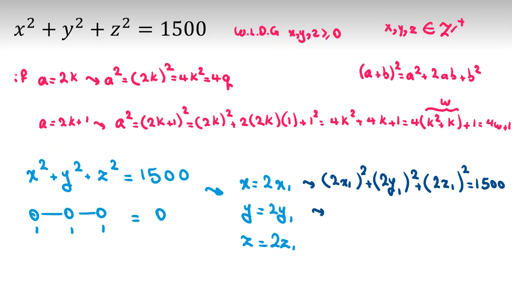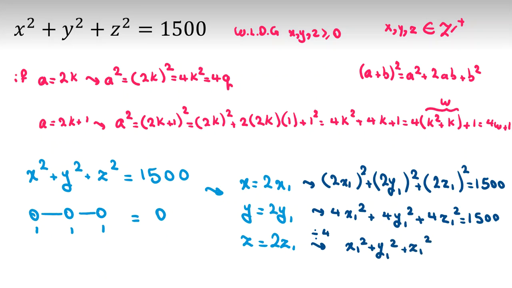Now it will be 4x1 squared plus 4y1 squared plus 4z1 squared equal to 1500. If we divide both sides by 4, it will be 375. So x1 squared plus y1 squared plus z1 squared equal to 375.